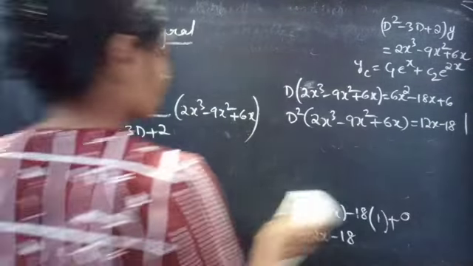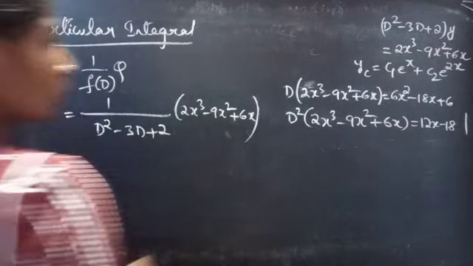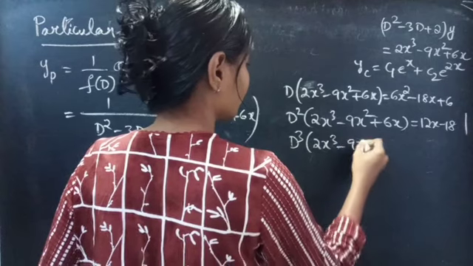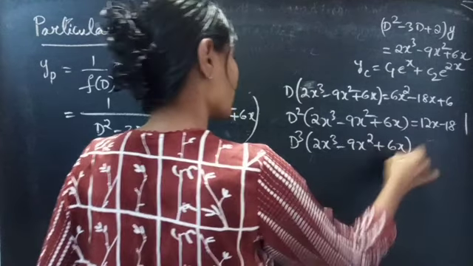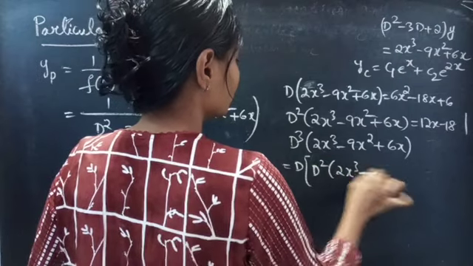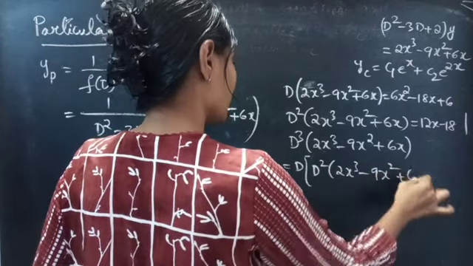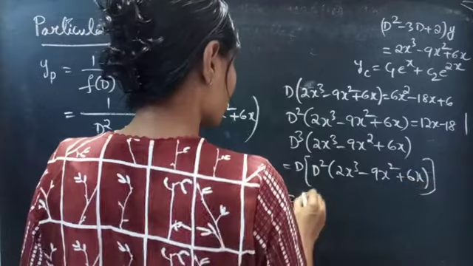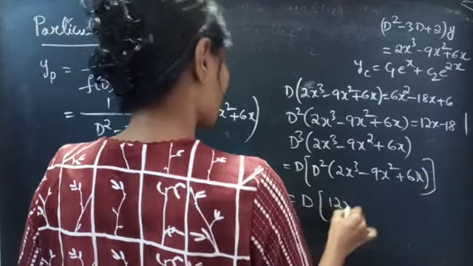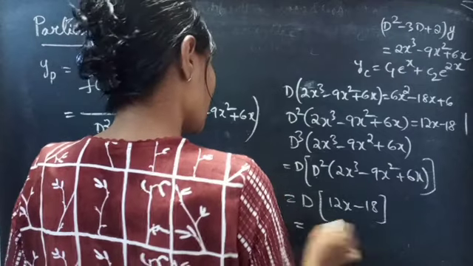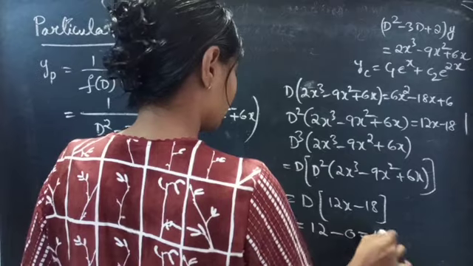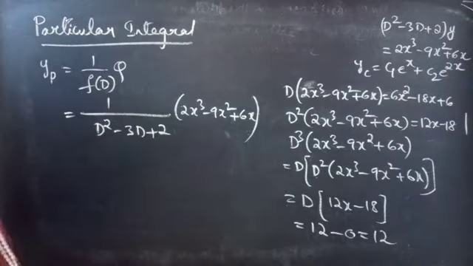Now let's find D cube of Q. This equals the derivative of D square of Q. Use the value obtained from D square of Q, 12x minus 18. The derivative of 12x is 12, minus the derivative of a constant, which is 0. So D cube of Q is 12.